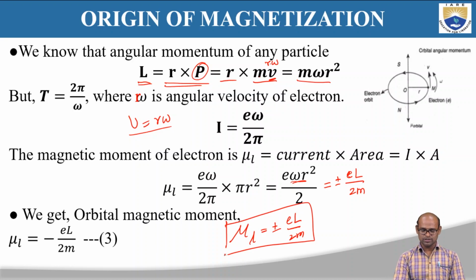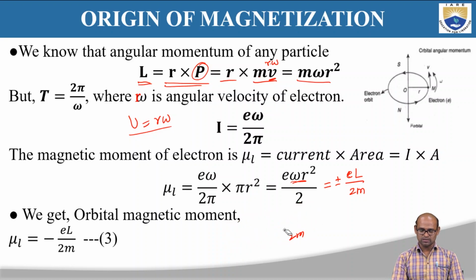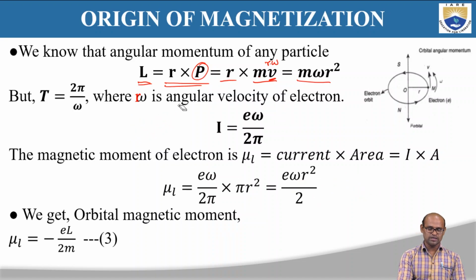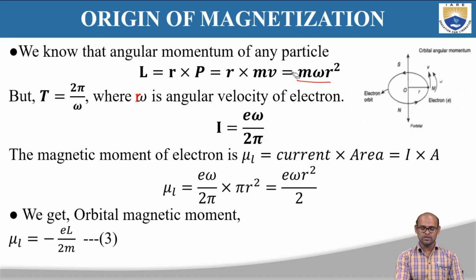This is the equation for the magnetic moment coming from the orbital motion of the electron, written in terms of the angular momentum, where L is the orbital angular momentum of the electron.